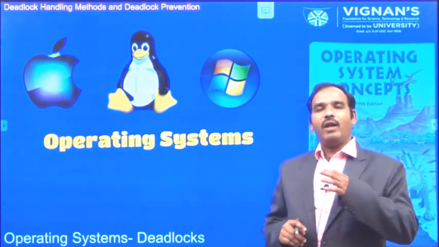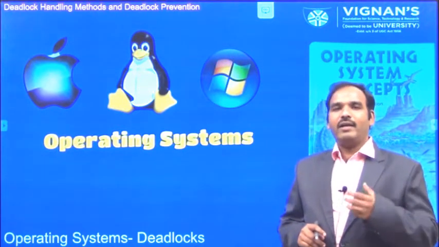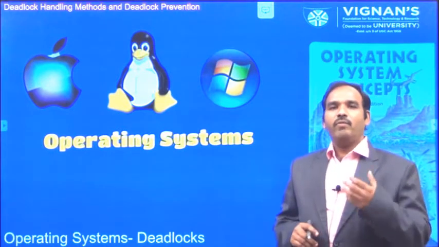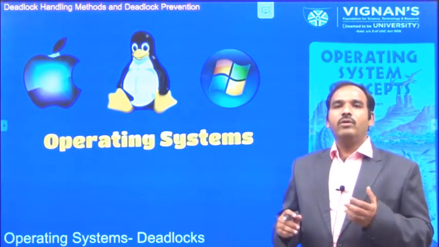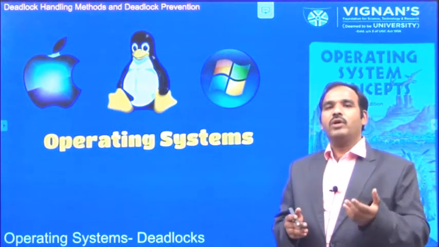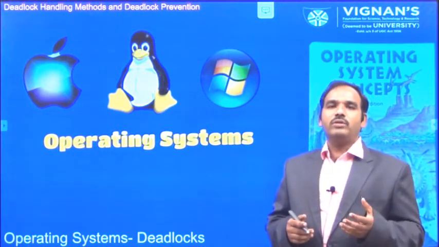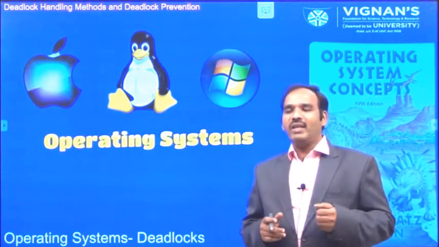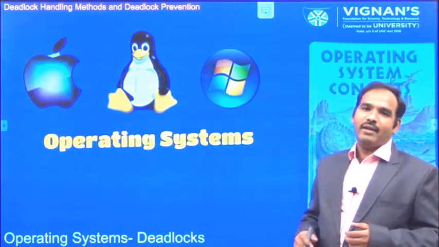I hope you all understood what a deadlock is: a set of blocked processes waiting for resources, and those resources are already held by the processes which are in that set. Those processes are in deadlock. I have given so many examples to understand deadlock.